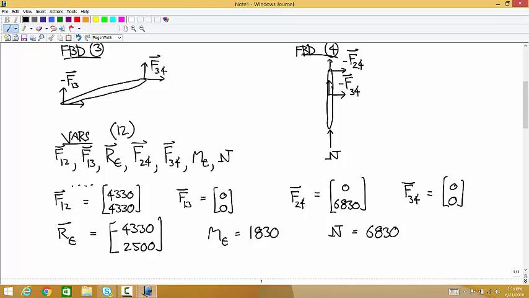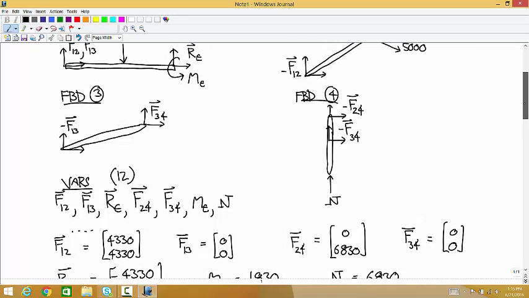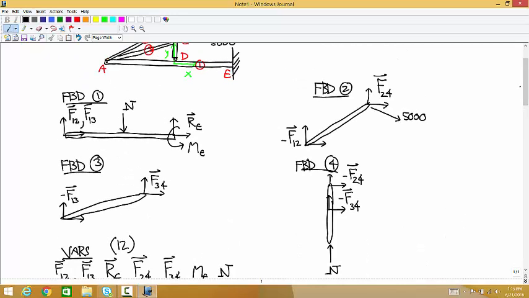Now the next thing that we know is we have two two-force bodies. Body 2 and body 3 have no couples, and the only forces they have acting are one at each of the two joints.